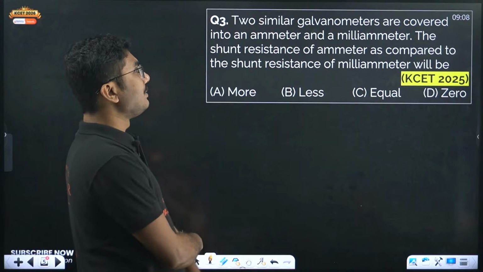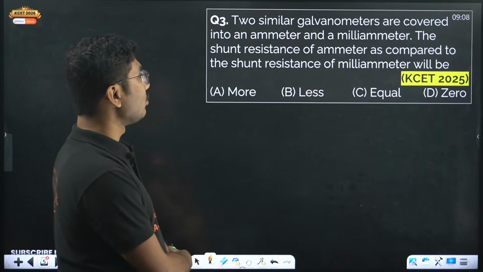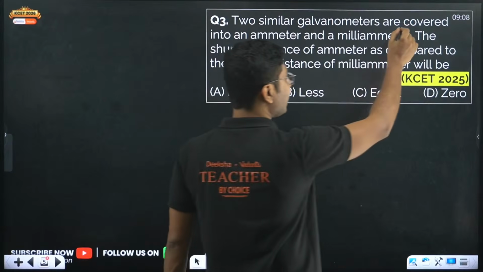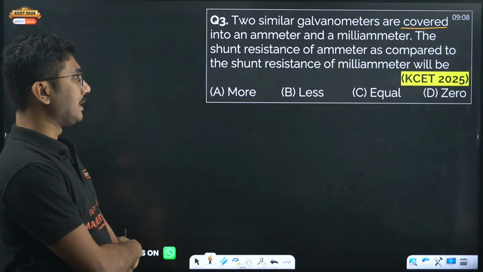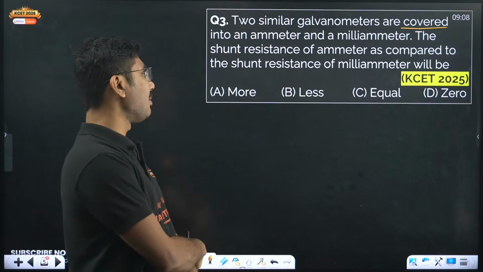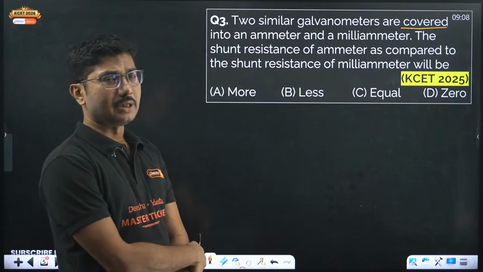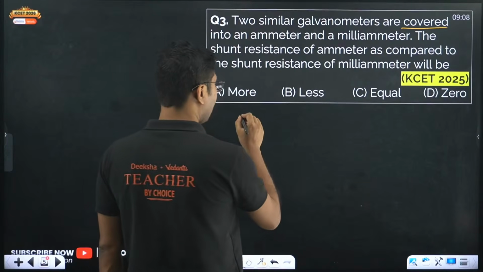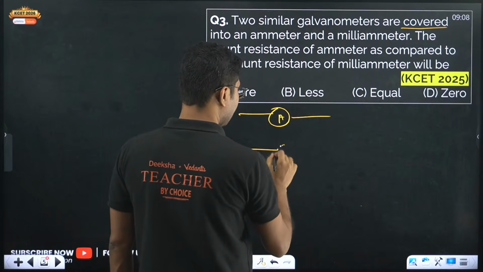Two similar galvanometers are converted into an ammeter and a milliammeter. The shunt resistance of the ammeter as compared to the shunt resistance of the milliammeter will be? So here we have an ammeter and a milliammeter.